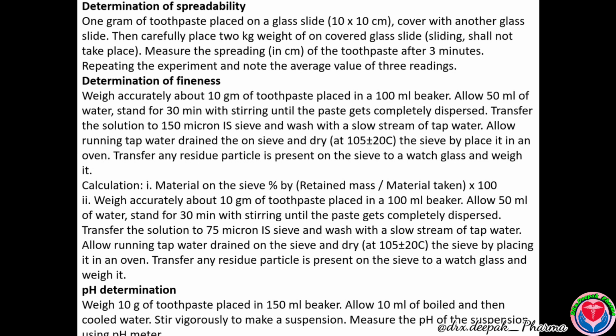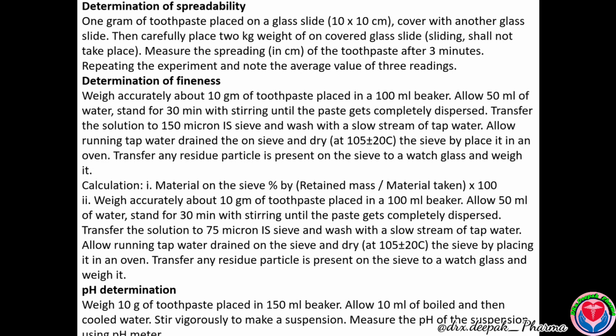Determination of fineness is done as follows. Weigh accurately about 10 gram of toothpaste, place it in a beaker, and add 50 ml of water. For 30 minutes you have to stir that paste, which will convert into a dispersed formation, then transfer that solution into a 150 micron sieve and wash with a slow stream of tap water.